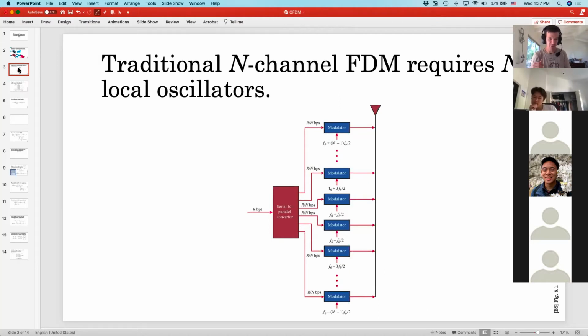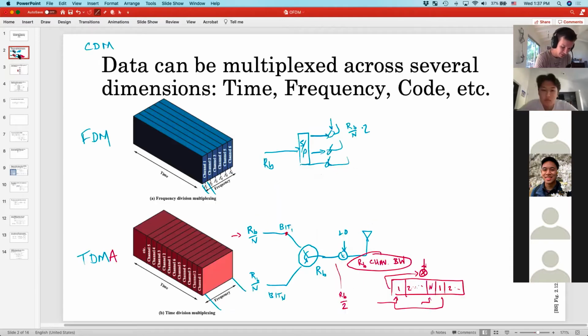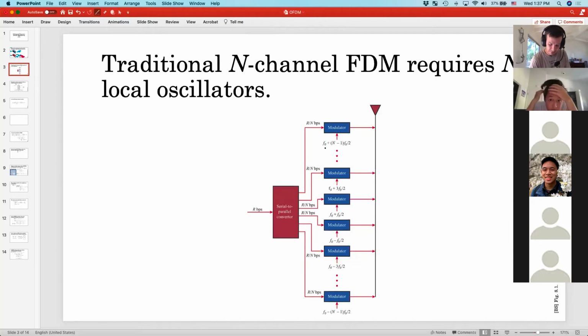But remember that in order for these to be divided, and remember the D is division, in order for these to be divided in the frequency domain, these frequencies that you're modulating with all need to be different. Right? These all need to be spaced apart. We haven't talked about how far they should be spaced apart, but at the very get-go, this should raise some questions in terms of practicality.